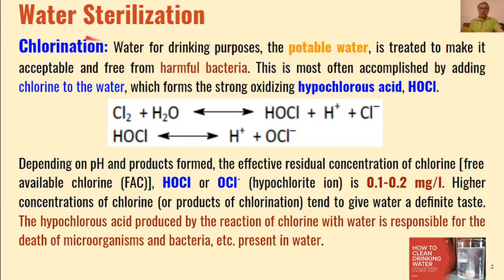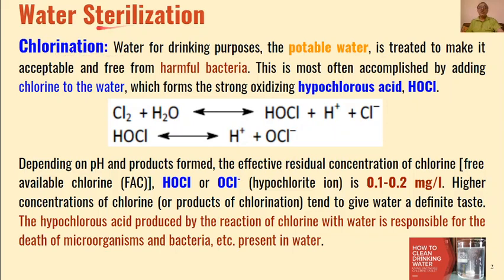Now, water sterilization. We have seen at our places also that sometimes when we drink tap water, there is a specific odor present in that water, and we say that chlorine is there.